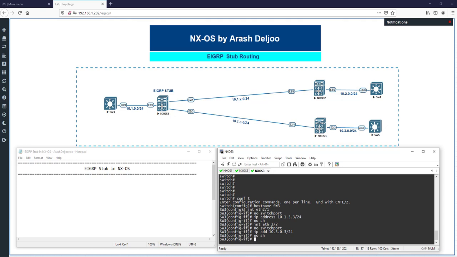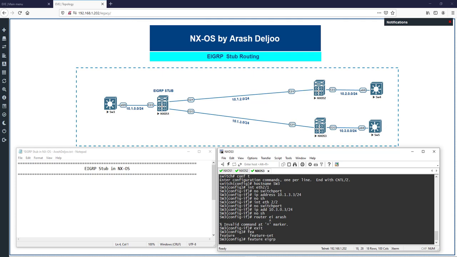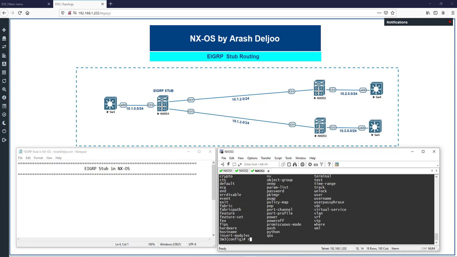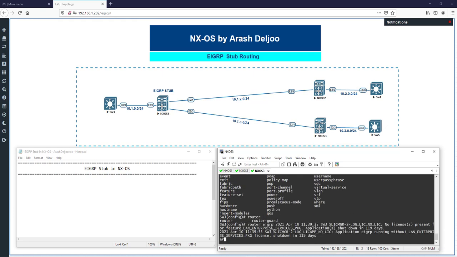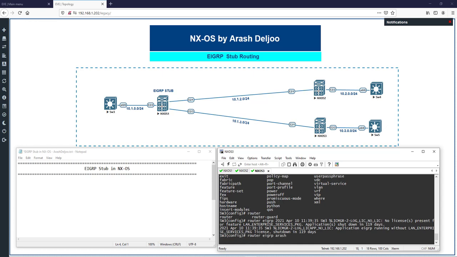We enabled the IP address on these two interfaces. Then router EIGRP Arash. Okay, the first command, we didn't enable the feature EIGRP. First, we should enable the feature EIGRP. Then router EIGRP, the tag Arash, and after that we should configure the autonomous system 1.